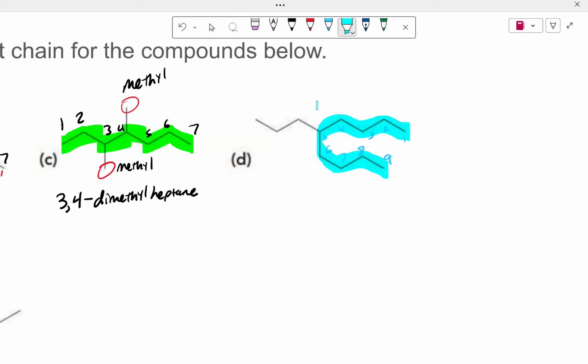Now let's see if I numbered it right, just by chance, because here is a substituent. If I number it the way that's shown there in blue, that group is on five. If I go this way, one, two, three, four, five, still gets the lowest number. So that group is on number five. In this case, it's a three carbon group.